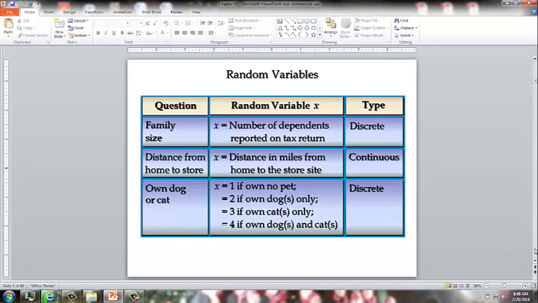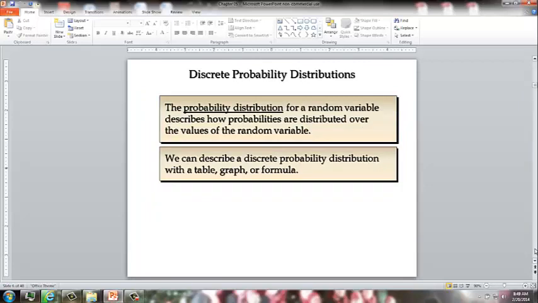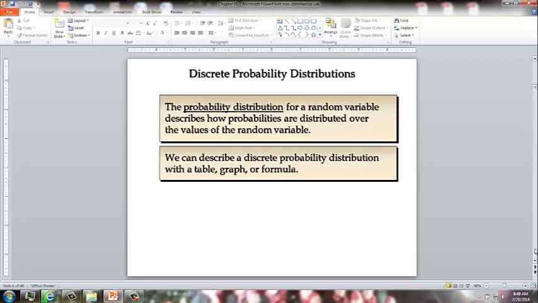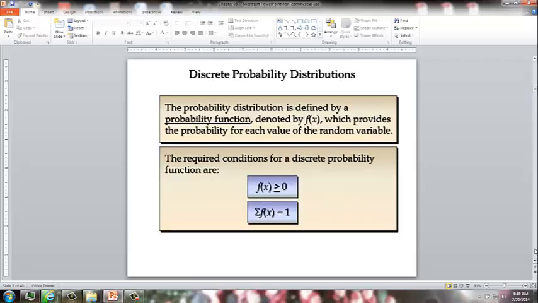Now, what's nice with so-called discrete probability distributions is that these are formulas or equations that simplify our task in analyzing discrete random variables. Remember, a random variable has a probability attached to it. One way you could analyze a random variable is by drawing tree diagrams or doing multiplications and so on. But that's going to be tedious. The nice thing is that there are some phenomena in nature which can be described by probability functions.